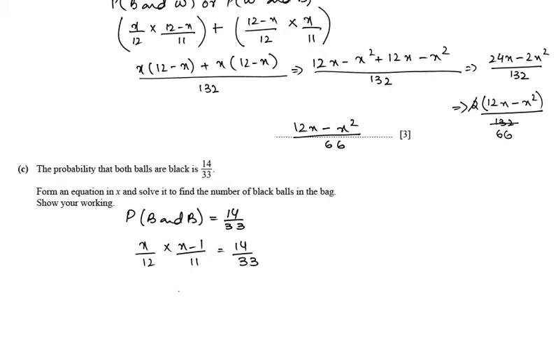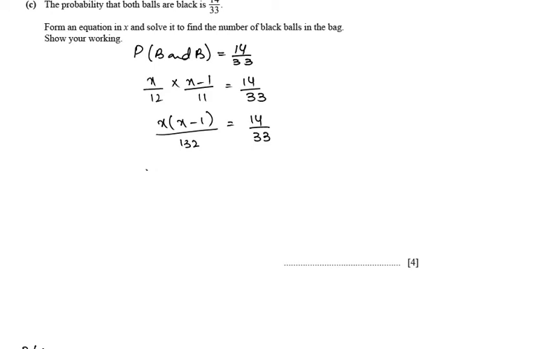Now when we multiply both denominators, 11 multiplied by 12 is 132, so x into x minus 1 upon 132 is equal to 14 upon 33.